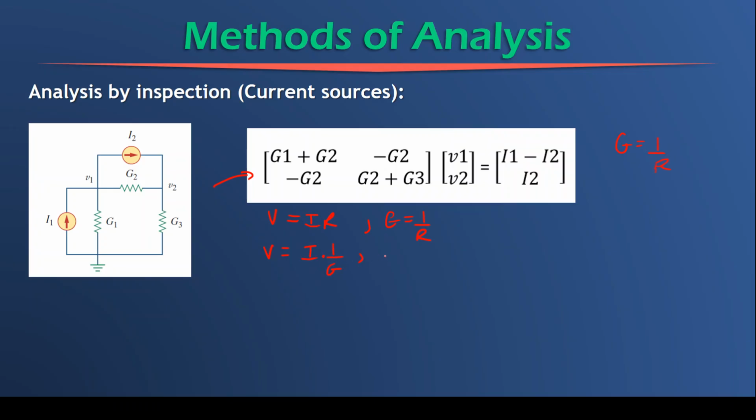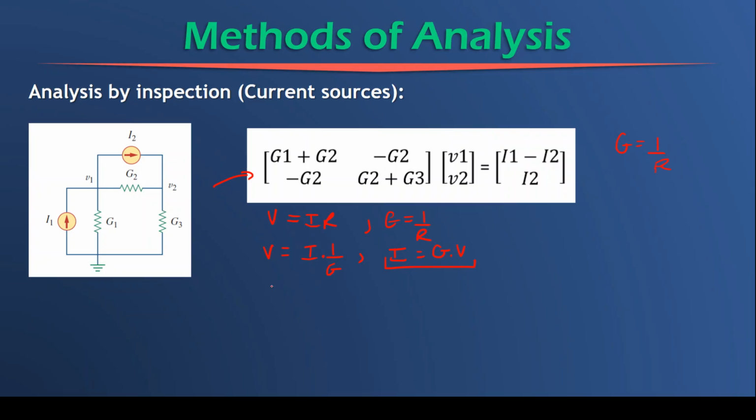And if we extend this, we can say the current I is equal to the G value multiplied by the voltage. All right. And given that we have more than one node, we can then express this as a matrix.